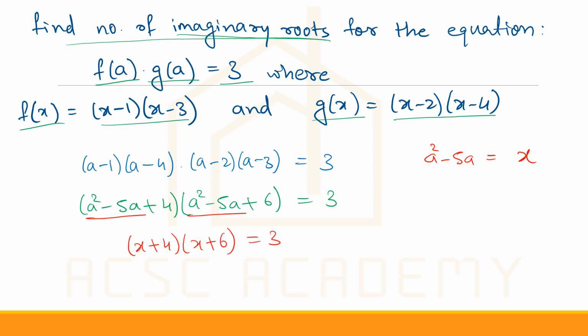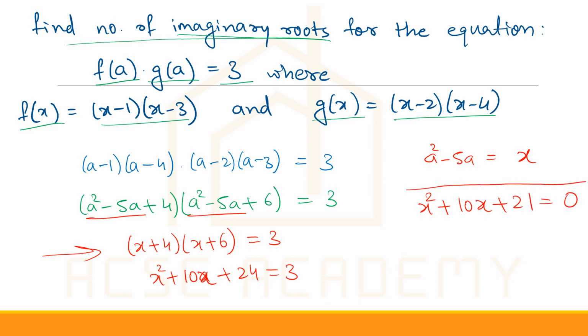Now this looks good. We can simply expand it and convert it into a quadratic equation. It will become x squared plus 10x plus 24 equal to 3, or x squared plus 10x plus 21 equal to 0. Now we have got a standard polynomial and we can solve it.